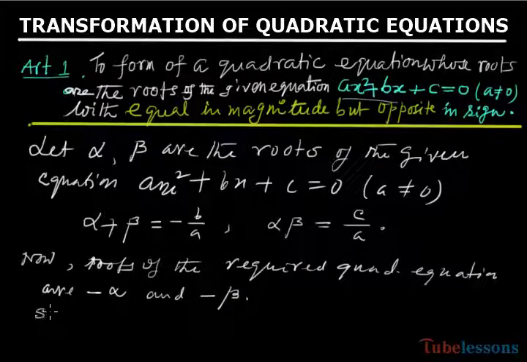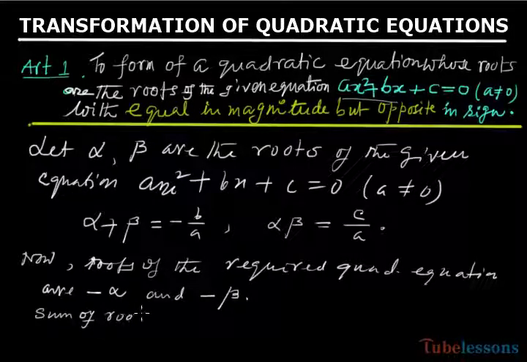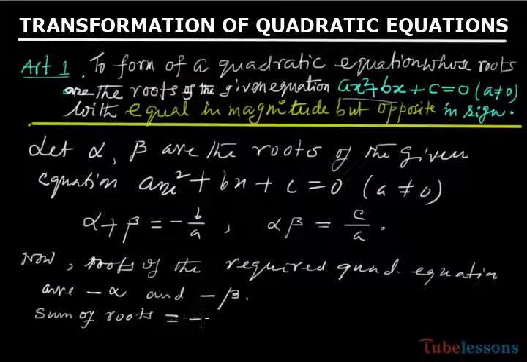In this case, sum of roots equals to minus alpha minus beta.